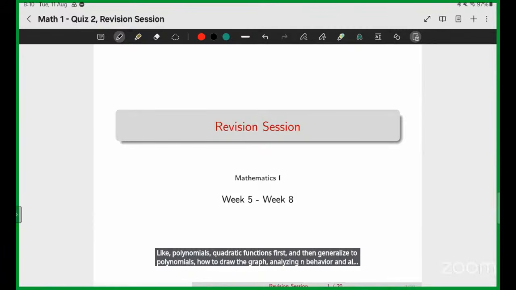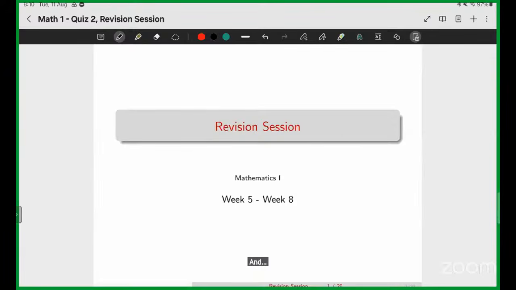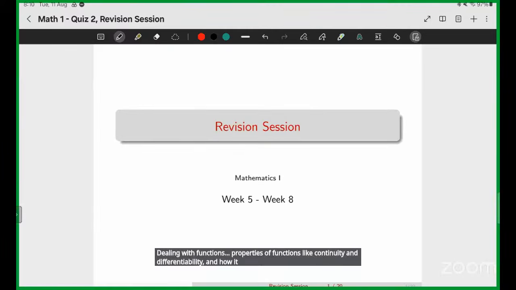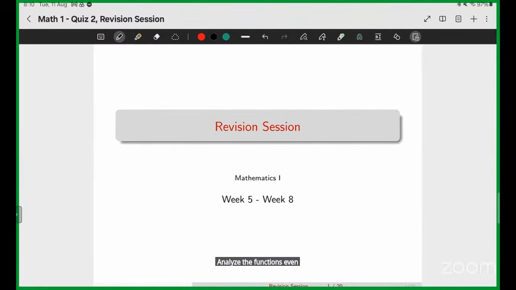Now we'll talk about functions in general. We will look at a specific class also, like exponential and logarithmic functions. And then we'll start dealing with properties of functions like continuity and differentiability, and how it helps us to analyze the functions even better.